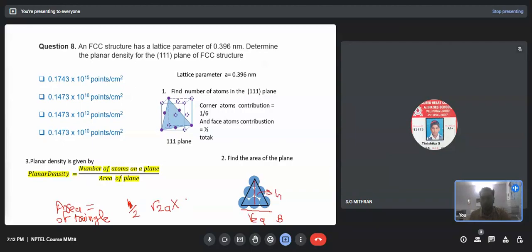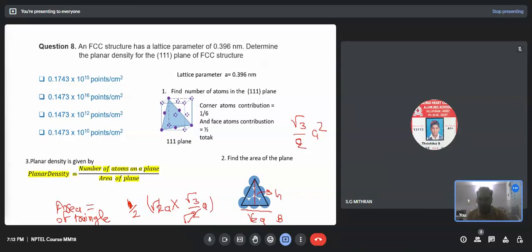So height is root 3 by root 2a. So this root 2 and this root 2 got cancelled. Now it became root 3 by 2 a square.